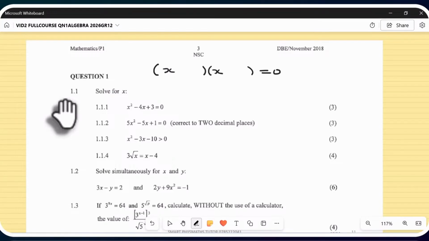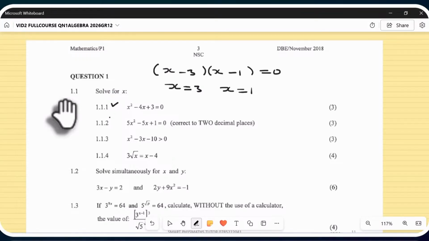So you have negative 3 times negative 1. Meaning either x minus 3 is 0, which gives us x equals 3, or x minus 1 is 0, which gives us x equals 1. That is it. I hope we are together, guys. That is question 1.1.1.